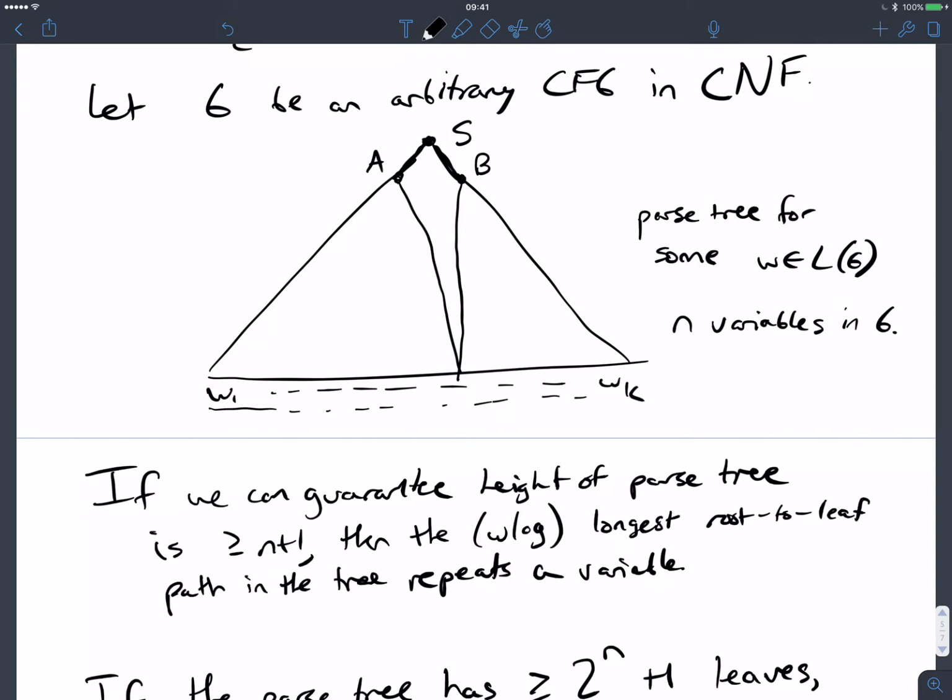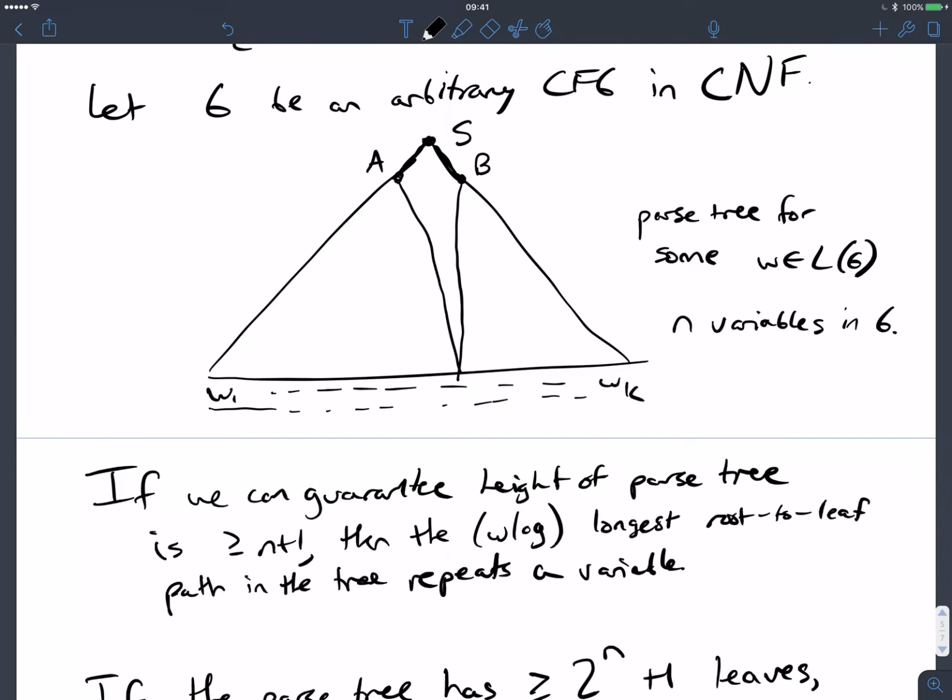And so therefore, I must have at least n plus 1 levels in the tree. And therefore, the longest path from the top to the bottom must be at least n plus 1. Yeah, because I have n variables, and I just saw n plus 1 on the way down. And so therefore, there must be some variable that repeats. I can actually guarantee more than that, but yeah.